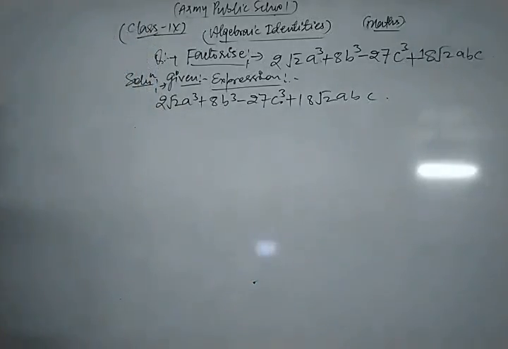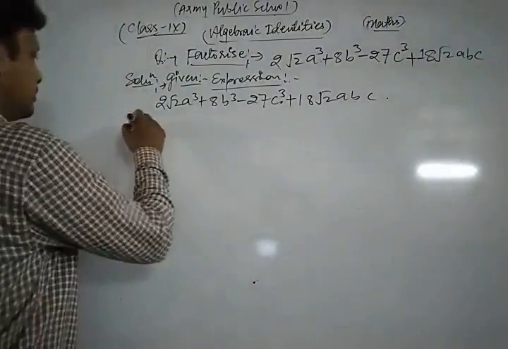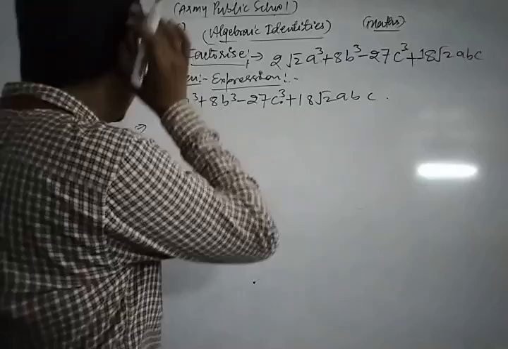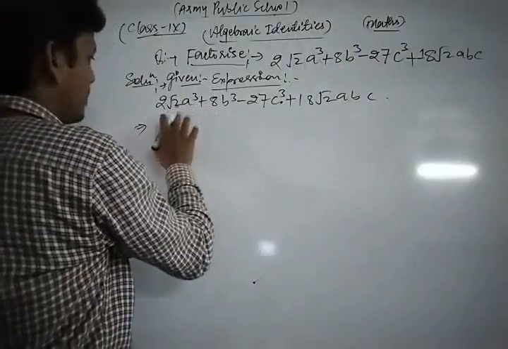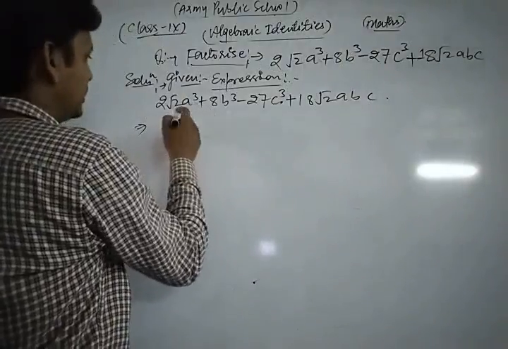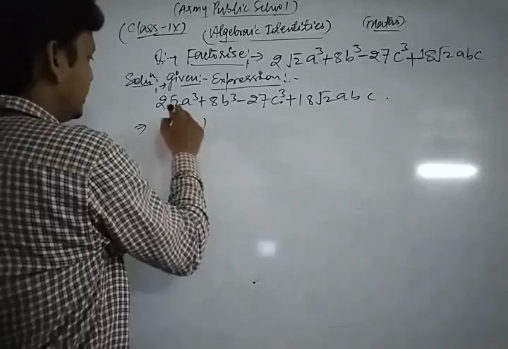Now look, so first we can write 2√2 a³ as (√2 a)³.